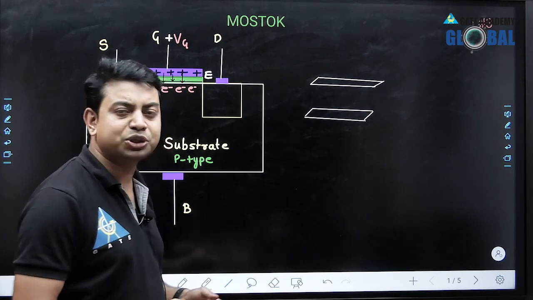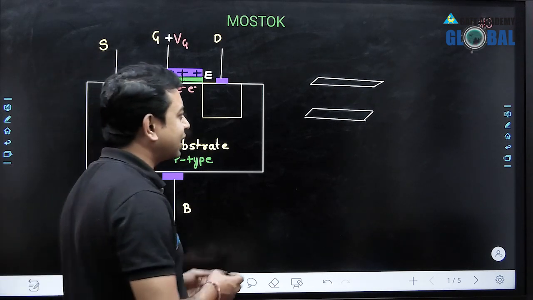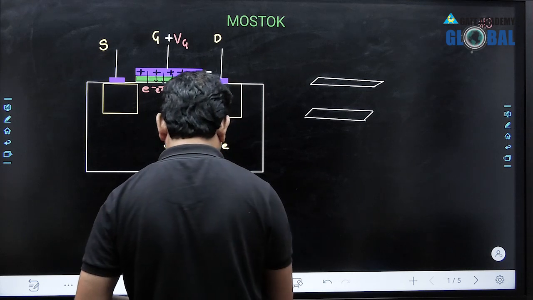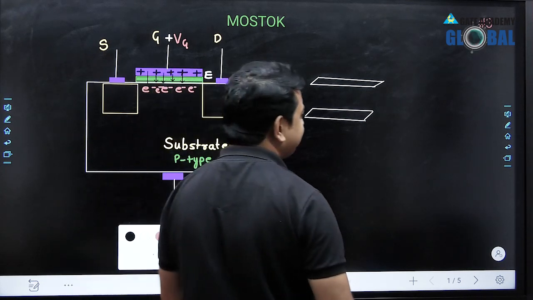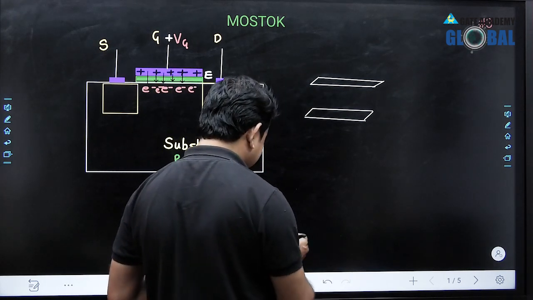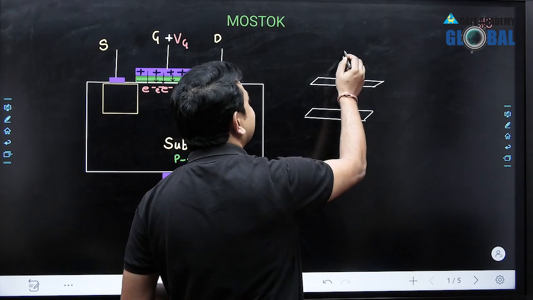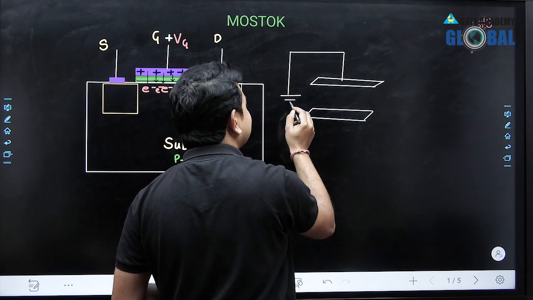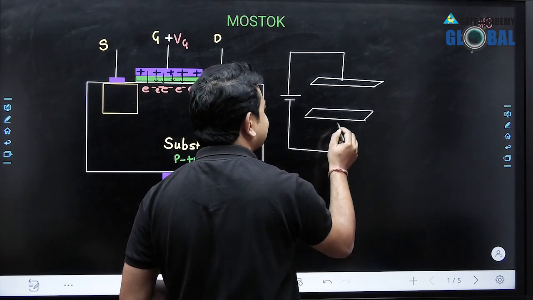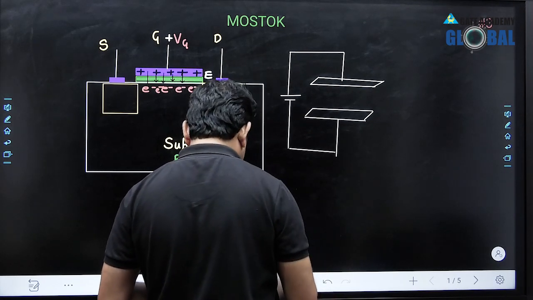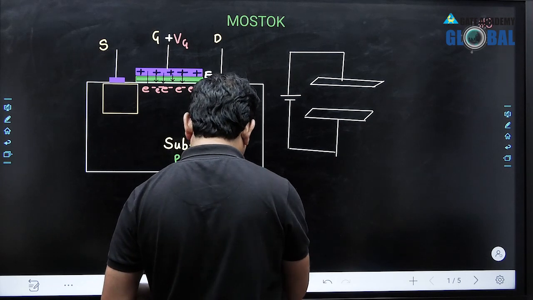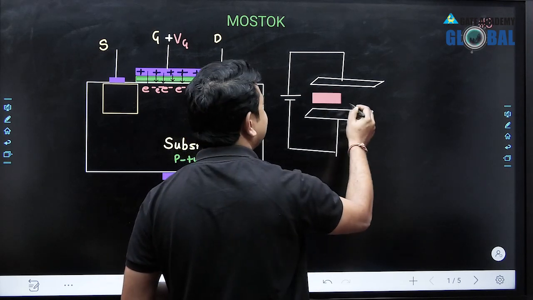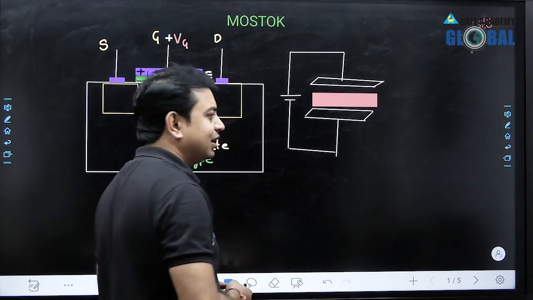These are the 2 plates of the capacitor, and we know the capacitor is a passive element. Unless we apply some external potential to this capacitor, we don't have any potential difference between the 2 plates. So we must apply an external potential, and in between these 2 we definitely have a material acting as a dielectric.